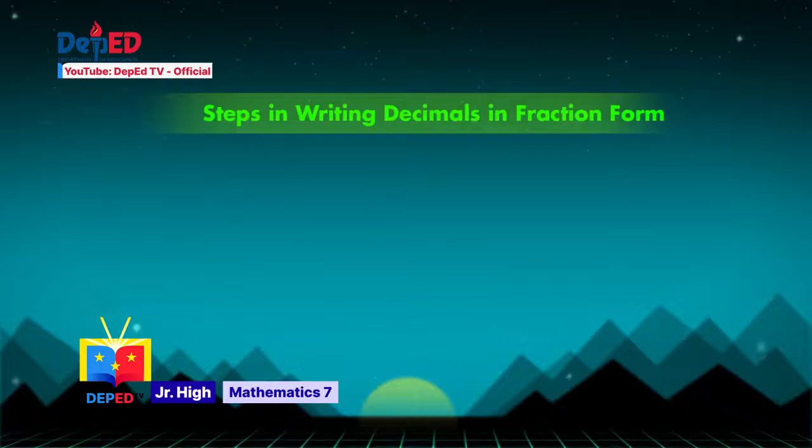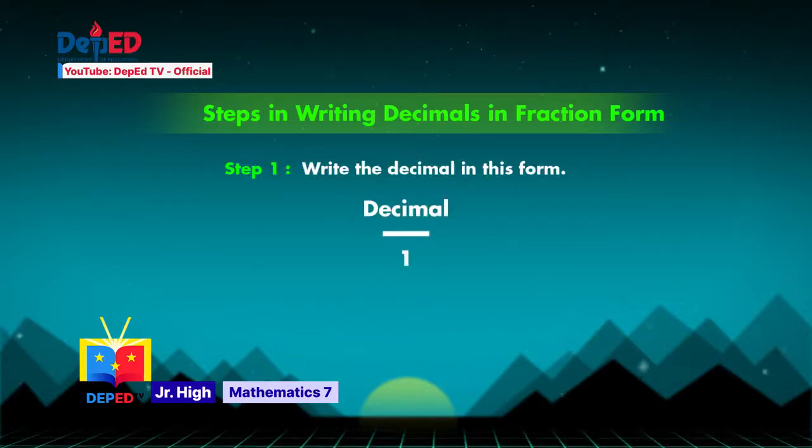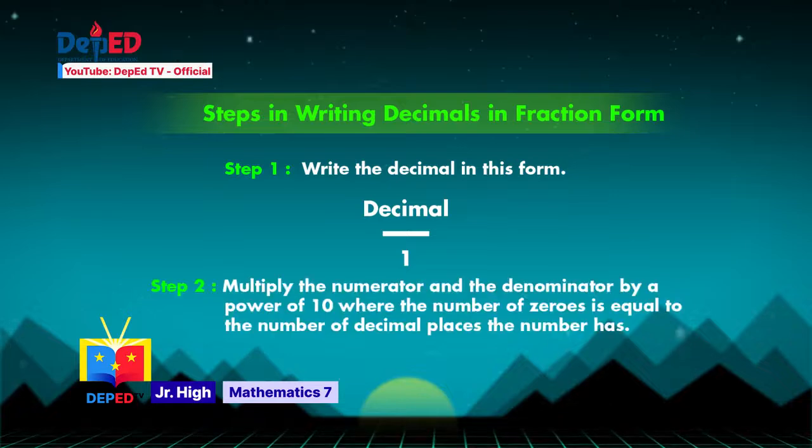So, how do we do it, Maestra Bell? We can follow these steps. First, write down the decimal in this form. Step 2. Multiply the numerator and denominator by a power of 10, where the number of zeros is equal to the number of decimal places the original number has.